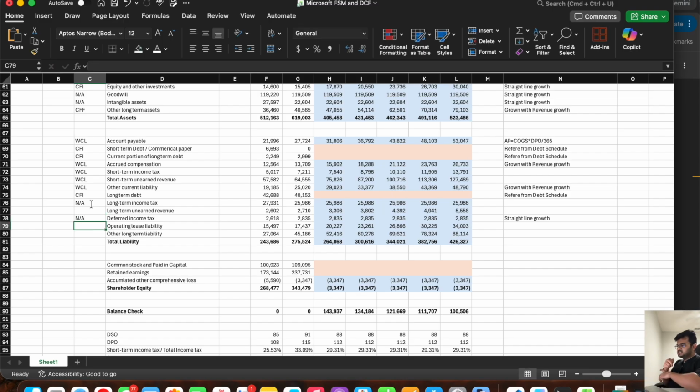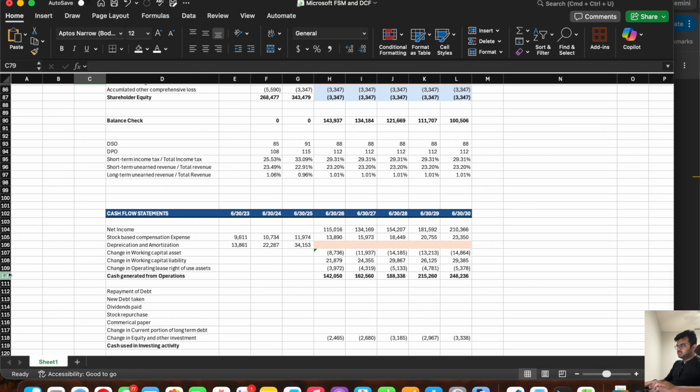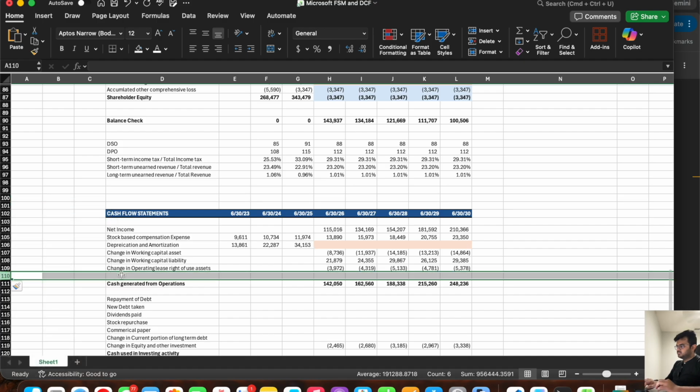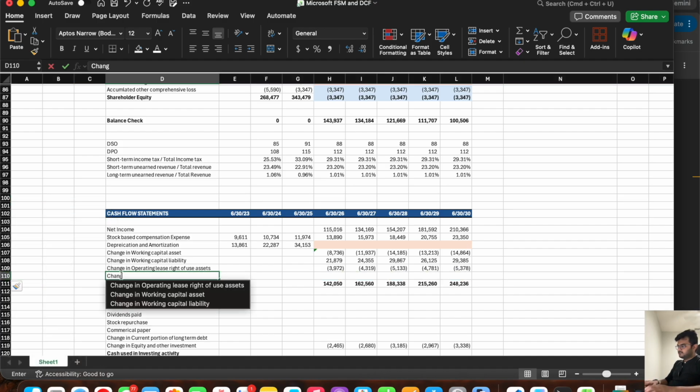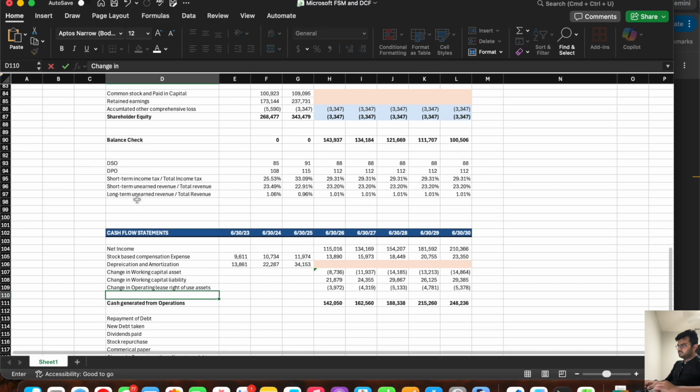Then operating lease liability and operational long-term liability. I think these two items we need to put in, but we can add it here itself. Change in operating lease liability.